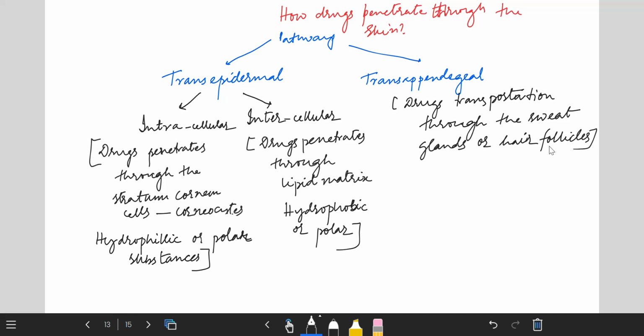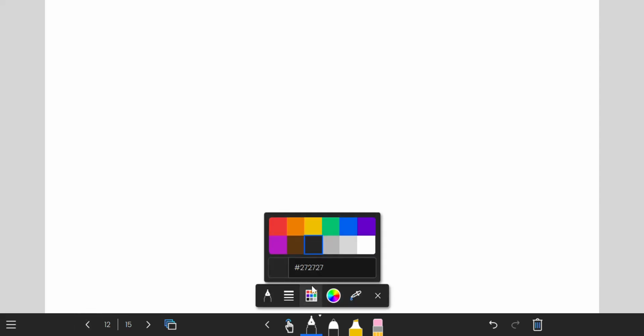Now, we need to keep in mind that for the development of transdermal drug delivery system, kinetics of skin penetration is very much important. So, we need to understand the kinetics of skin penetration.